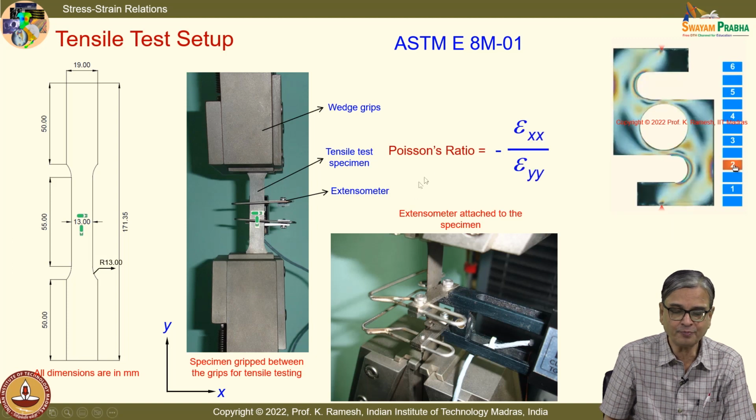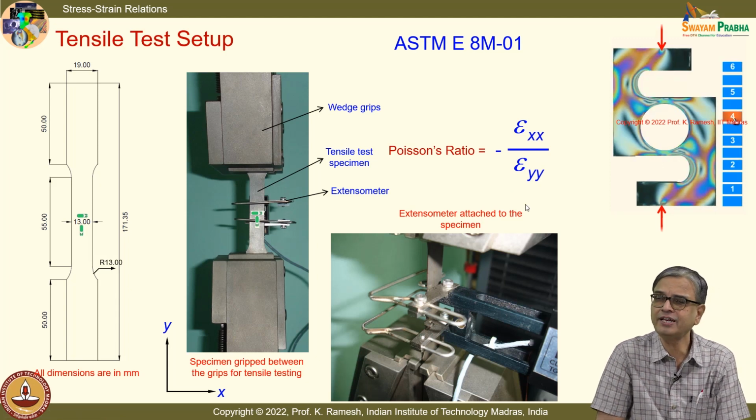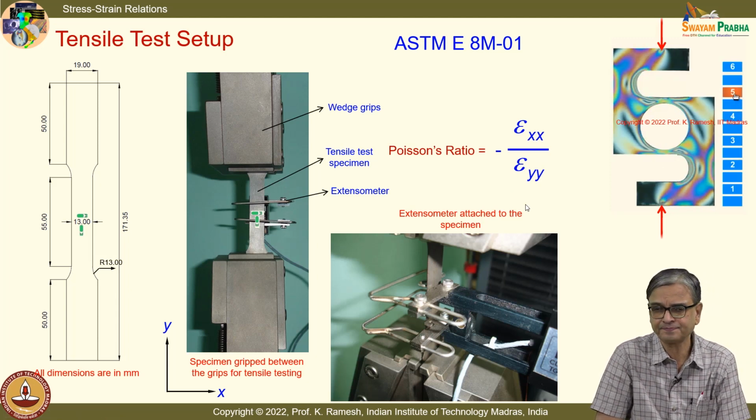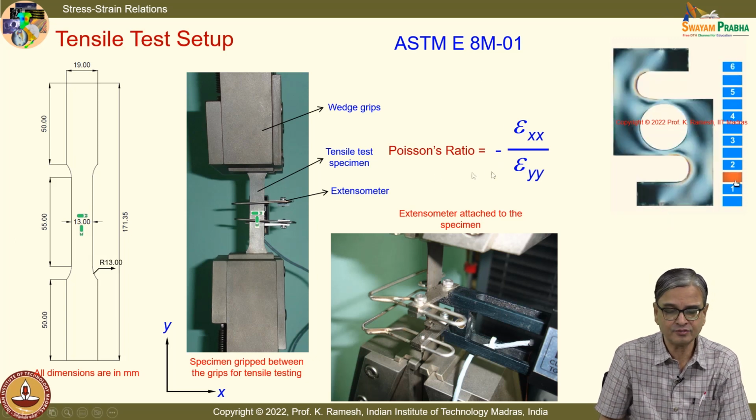So, I can find out Poisson ratio as minus of epsilon xx divided by epsilon yy. That is the definition. You have a transverse strain, you have a longitudinal strain, and you have a minus sign. This is how Poisson ratio is defined.